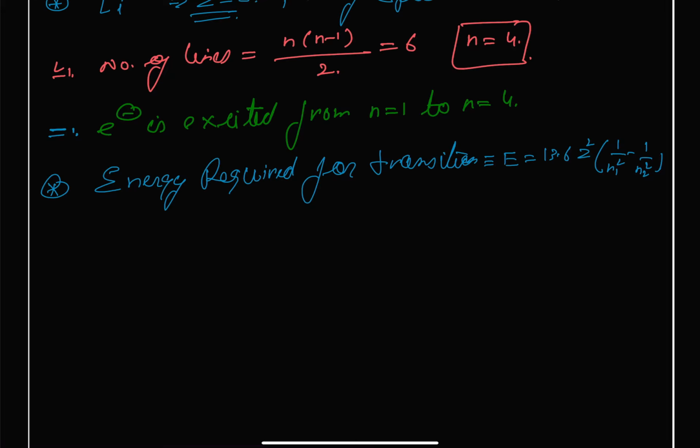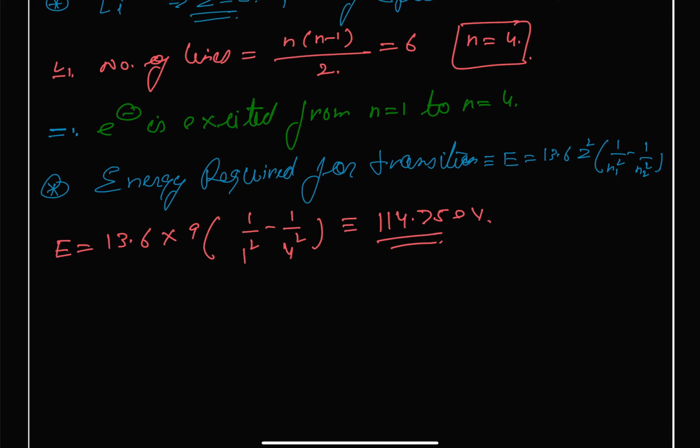So we get this energy will be equal to 13.6, value of Z is 3, so this comes as 9, and we have this as 1 square minus 1 upon 4 square, and we get this energy will be equal to 114.75 electron volt.